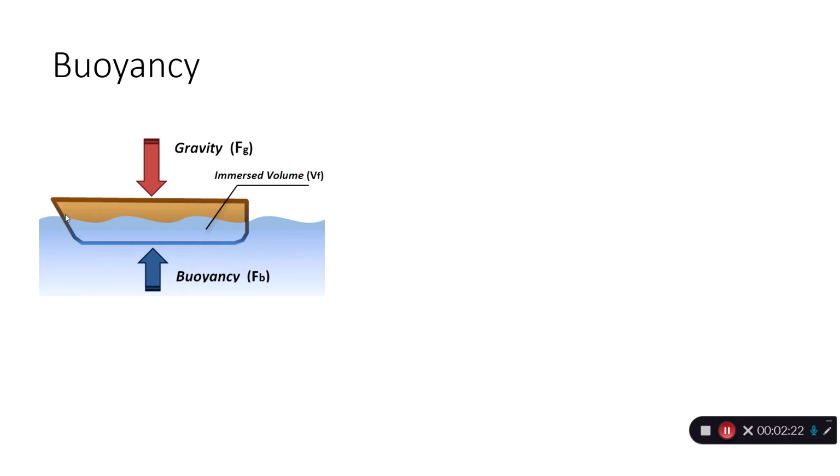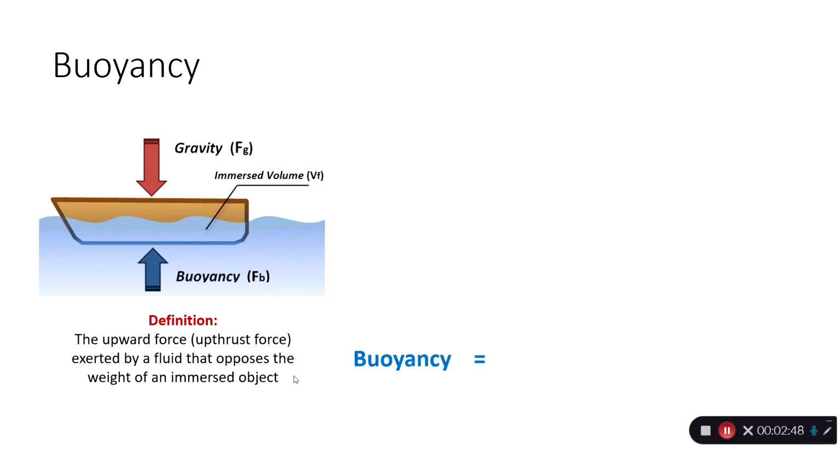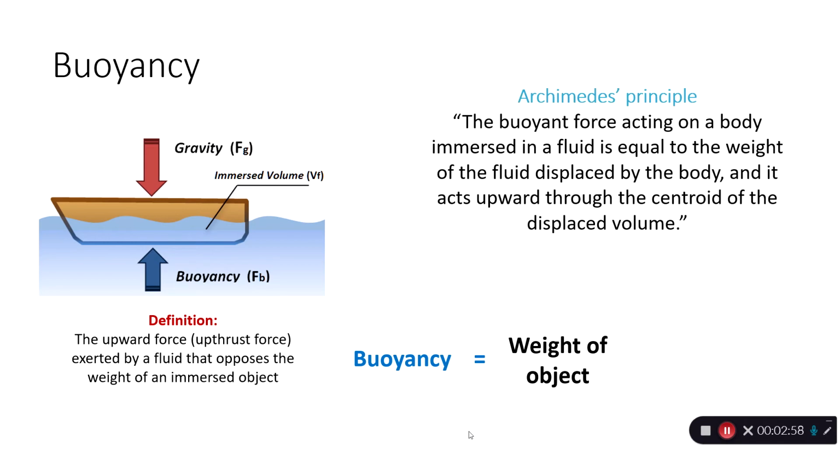So the volume, not the entire boat is in the water, only a part of it. So the volume of water that is displaced or that is moved away is the same as the volume of the object that is currently underwater. Okay, so like I said, buoyancy is equal to the weight of the object. Okay, this is a very useful information.